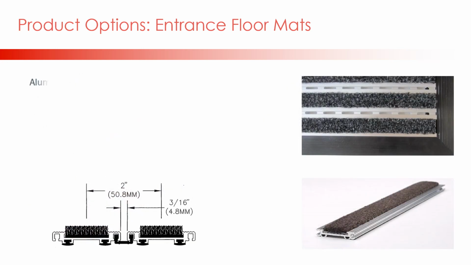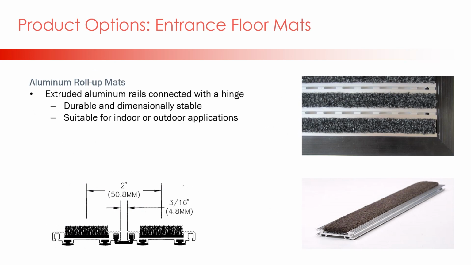The first product in the roll-up mat and vinyl mat section is the aluminum hinged roll-up mat. This mat is constructed with three components: the rail, hinge, and tread. They are 3/8 inch deep, so they are ADA compliant when combined with a beveled frame as shown in this diagram.